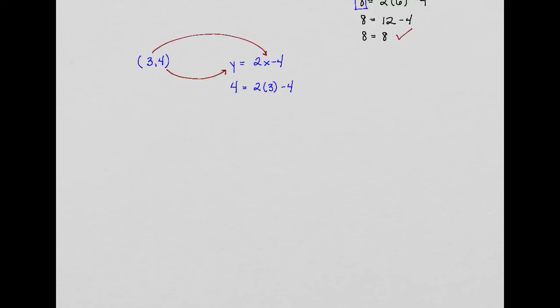Again, order of operations: 4 is equal to 2 times 3, which gives me 6 minus 4. My next line will be 4 is equal to 6 minus 4, which is 2. This is saying that 4 is the same thing as 2. That is what an equal sign means. Well, 4 and 2 are not the same thing. So this is a false statement, and therefore the ordered pair of 3, 4 is not a solution.